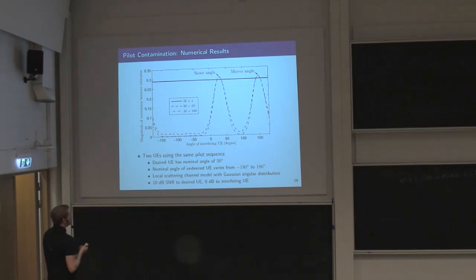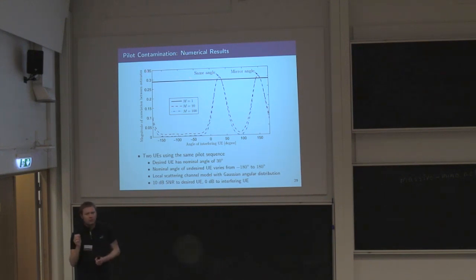So that is one of the important things here, that the spatial correlation creates this behavior. In the i.i.d. Rayleigh fading case, you would always be at the same number as in the one antenna case. You will never see this behavior that users that have similar covariance matrices interfere a lot with each other in the estimation phase, and those with different ones have much less impact on each other.